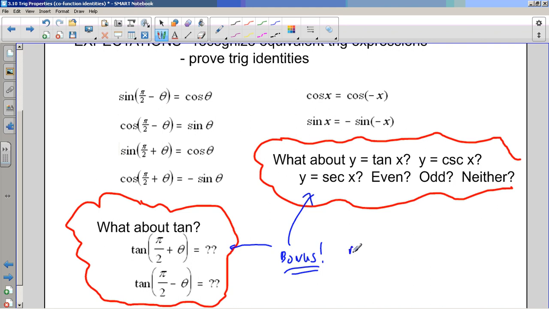You must explain. And there's only one bonus per person and one bonus per rule. So the first person who gives me whether tan x is even, odd, or neither, and an explanation why, can't get another bonus mark, and someone else can't get a bonus mark for tan x.